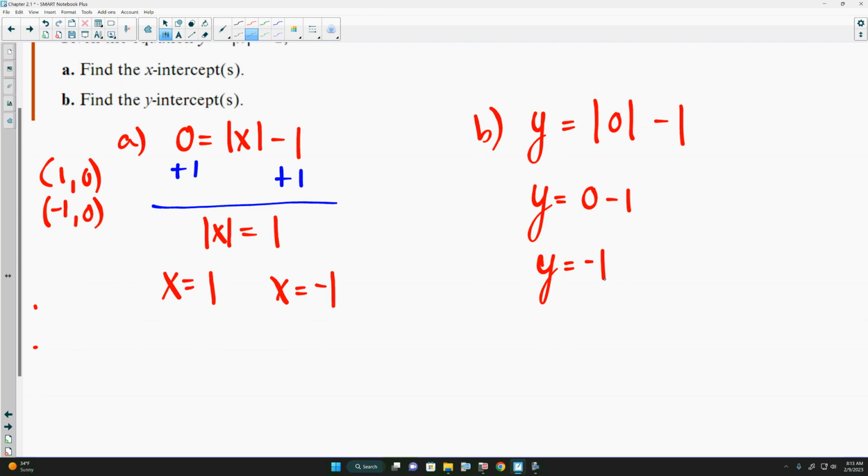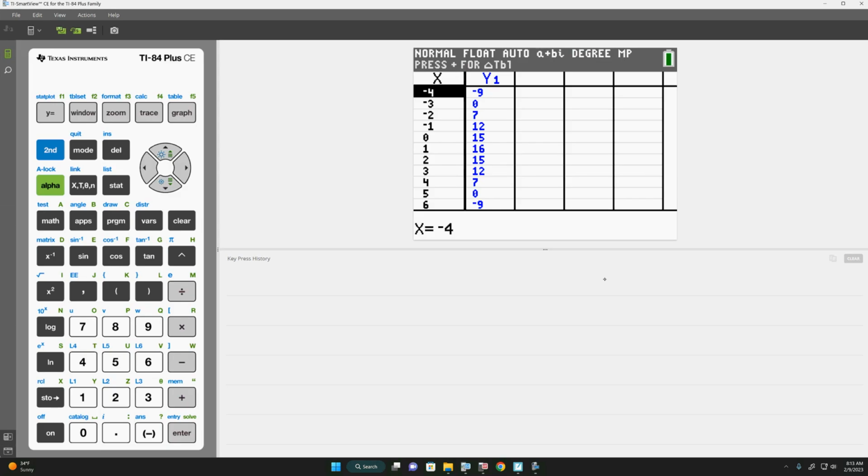And that's it. So we have 1 y-intercept and we have 2 x-intercepts. That is not uncommon, especially if it is a function. We can have more than 1 x-intercept with it being a function. We cannot have more than 1 y-intercept and it still be a function.